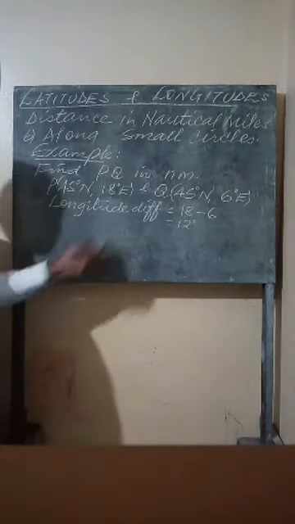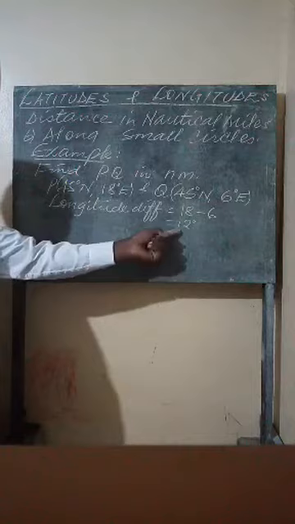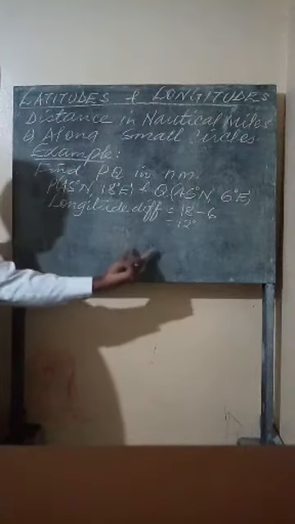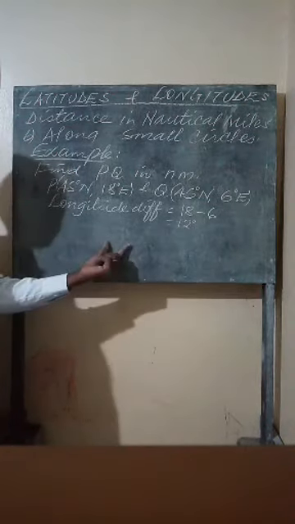So what we have noted is that along a small circle, every single degree is subtended by 60 cos theta nautical miles.